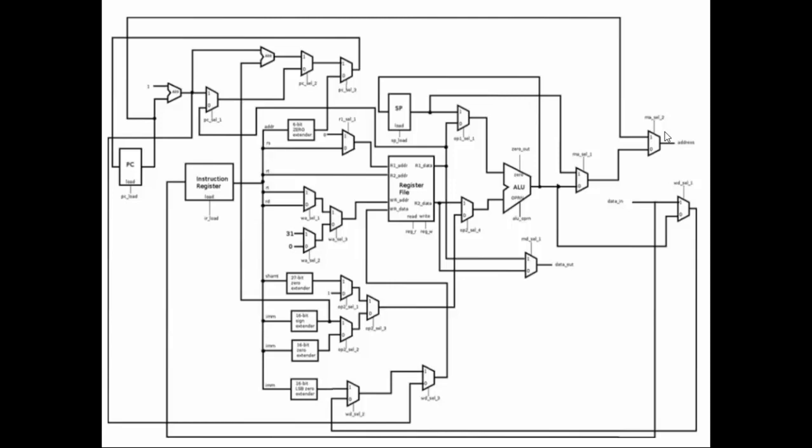So we'll also discuss this important aspect of how the controller controls all these control signals through the separate phases. Remember, we have a 5-step execution: instruction fetch, decode, execute, memory, and write back.